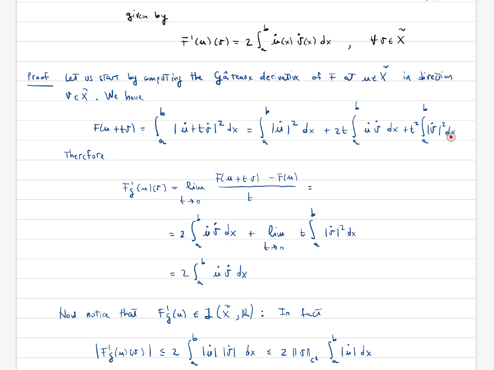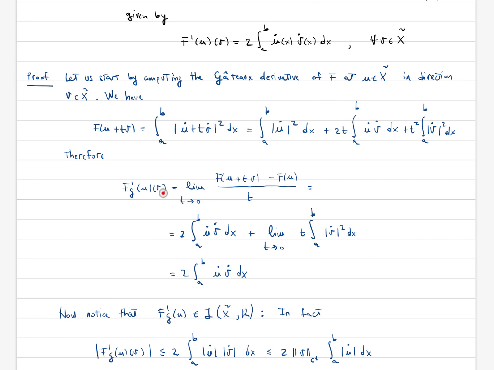While for the second one, you get t times the integral from a to b of v dot squared. Now this is a fixed number, and t here is going to 0, so this term here is 0. And so you end up with this guy here. And so this would be the Gateau derivative of f at the point u in direction v.